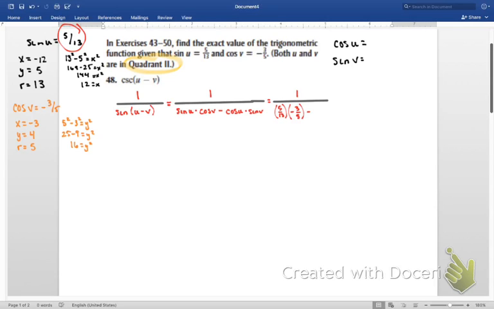Well, remember cosine is x over r, so negative 12 over 13, and then do the same thing for v, so y over r, so 4 over 5. Plug those in. Negative 12 over 13, 4 over 5.